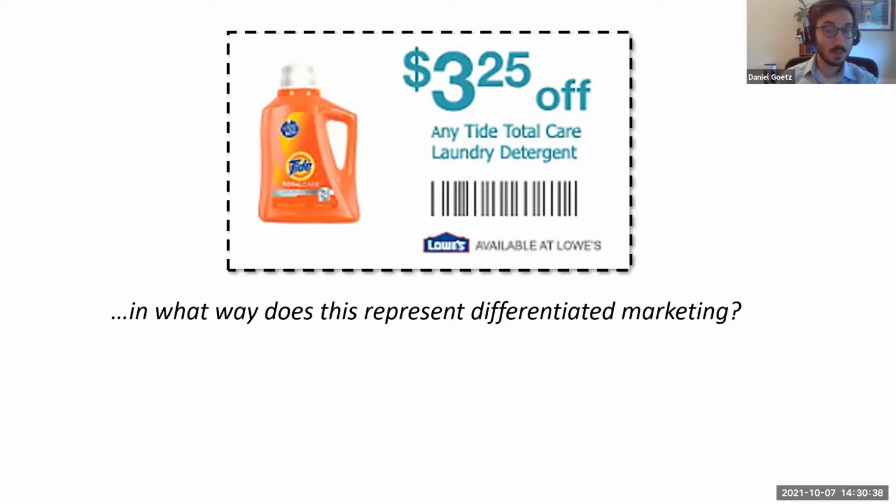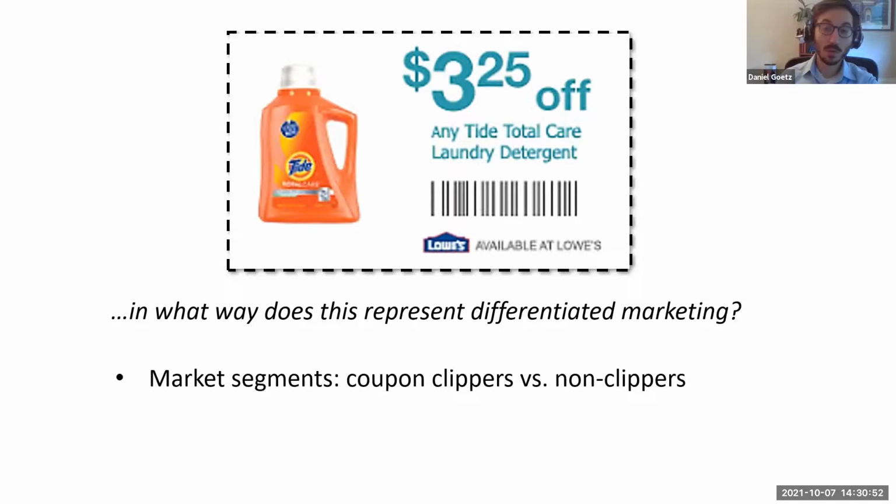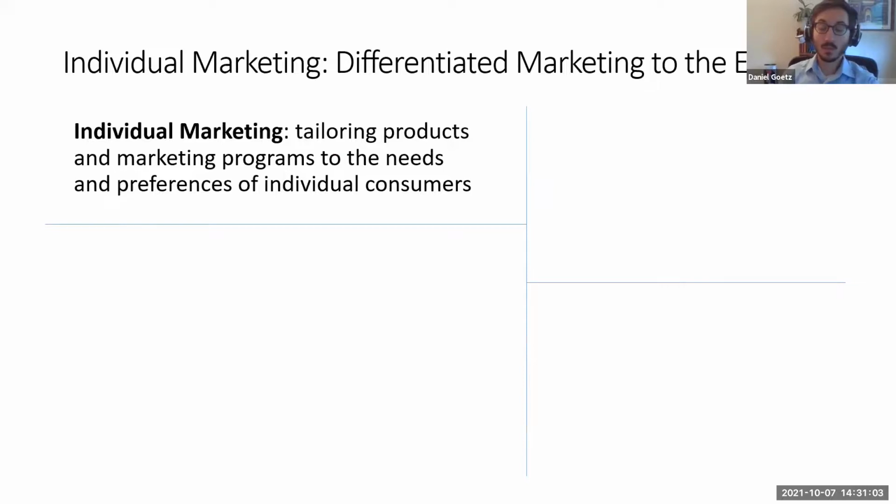So some people are using the coupon, right? So some people use it. They're a different segment than you guys, right? They're potentially people with a bit more time on their hands to spend looking for these kinds of deals, right? So you have coupon clippers is one segment, and then non-clippers is the other segment within the group of people who are interested in buying this Tide product. Okay, so we also have differentiated marketing to kind of an extreme level.